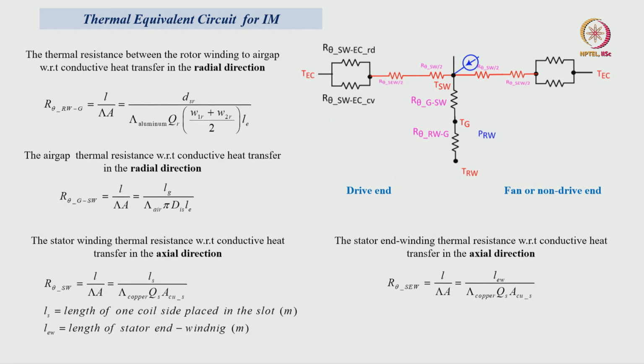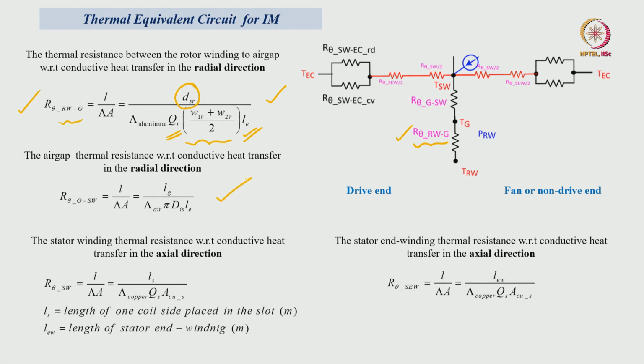In the same way, the rotor winding thermal resistance is nothing but R theta Rw2 air gap, that is this one. The thickness of the rotor winding, the number of bars or number of slots, and the mean width of the rotor winding into length will give the thermal resistance from the rotor winding to the gap.